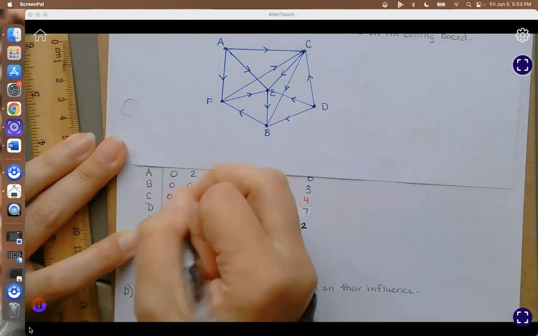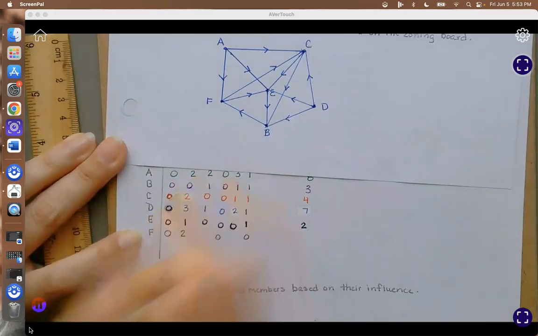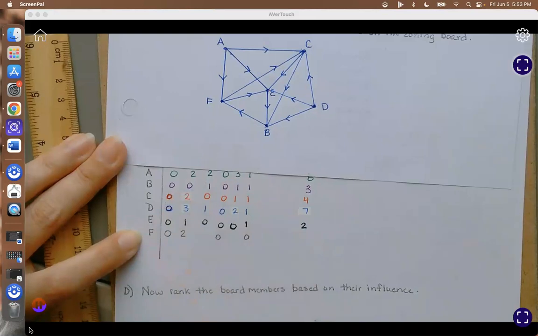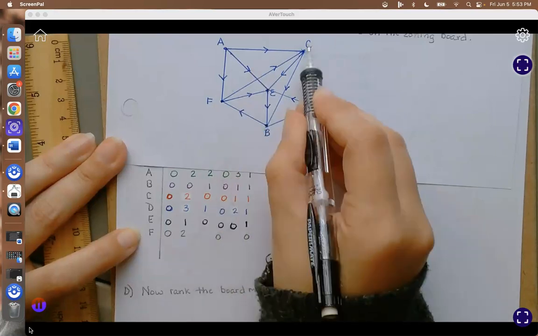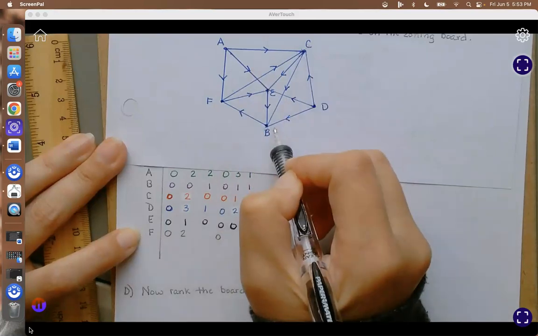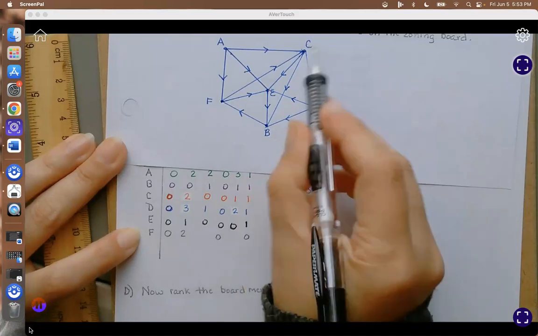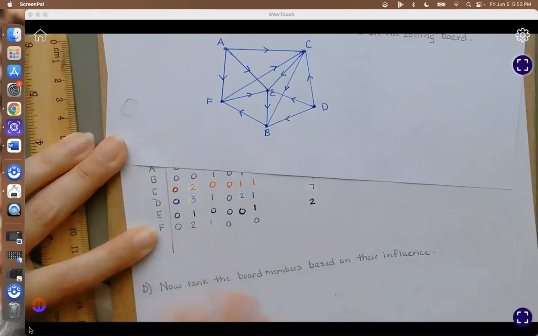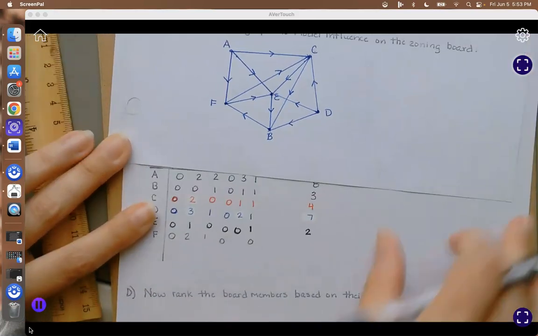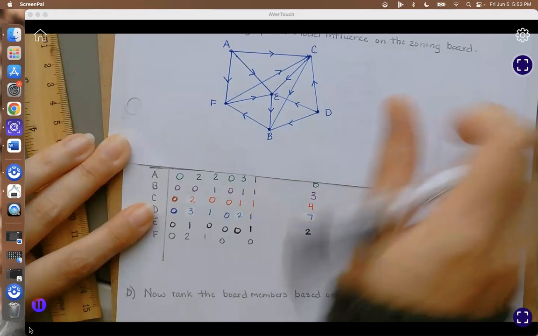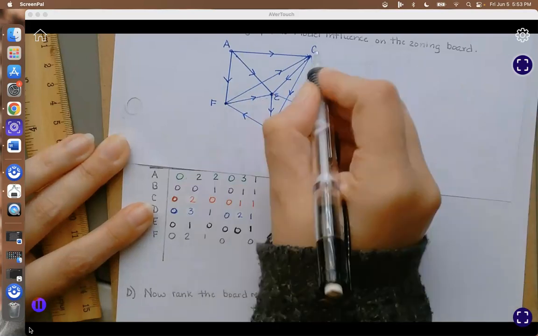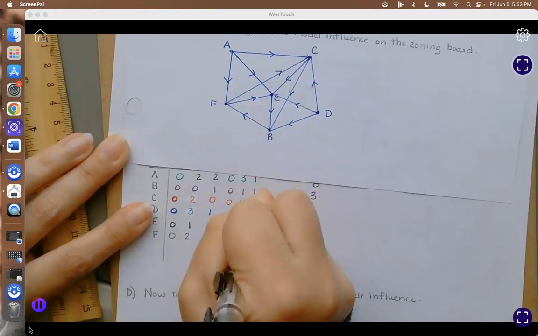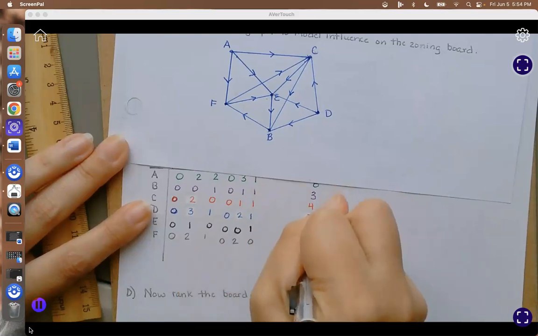There's 2 there. Okay. Then F to C. There's just 1 there. And then F to E. There's F to E, FC to E. So there's 2 there. So that makes that 5.